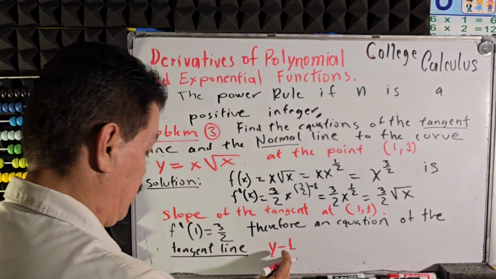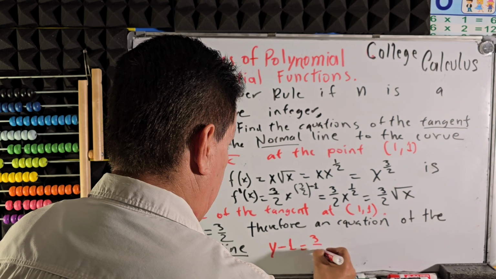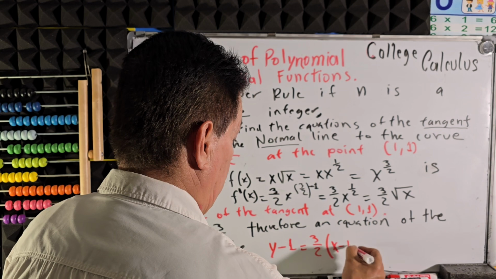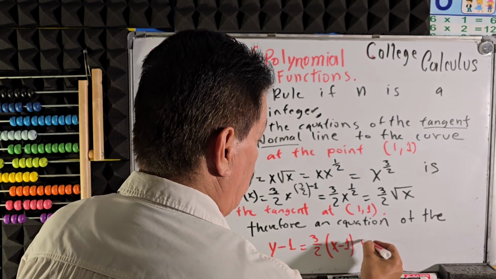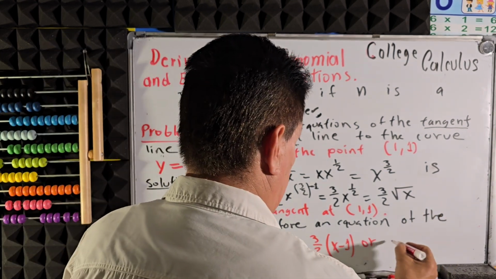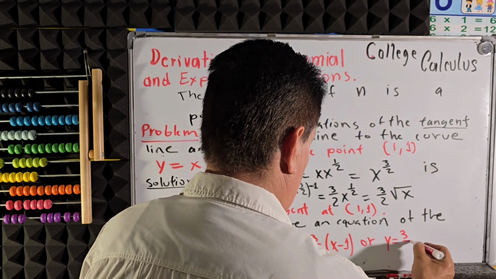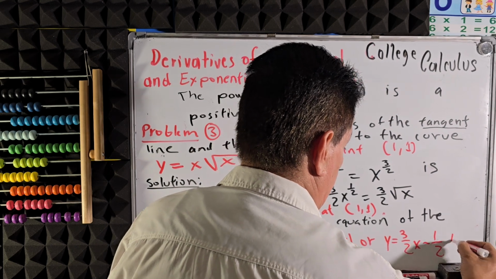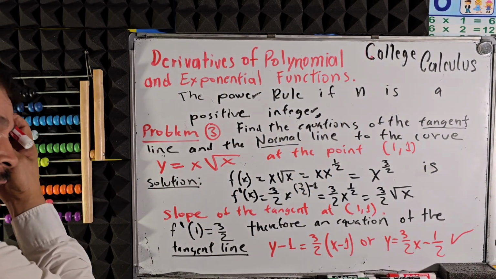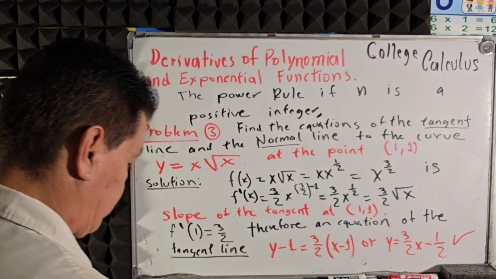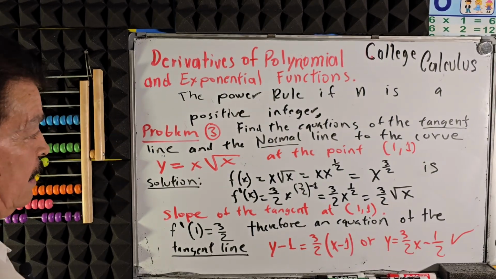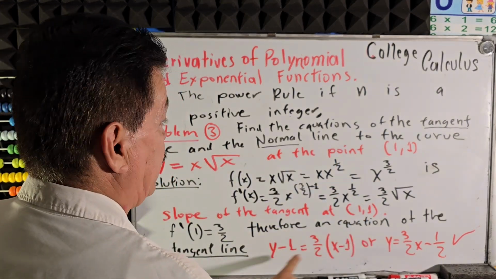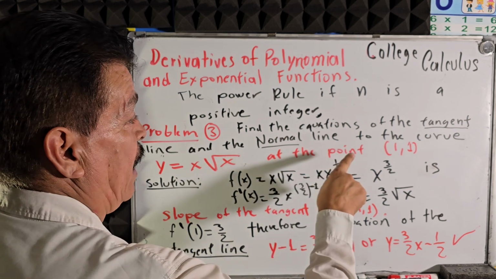Y minus 1 equals 3/2, with all this information here, 3/2 times x minus 1, or it is the same, y equals 3/2 x minus 1/2. That's the tangent line. So this is the tangent line equation.